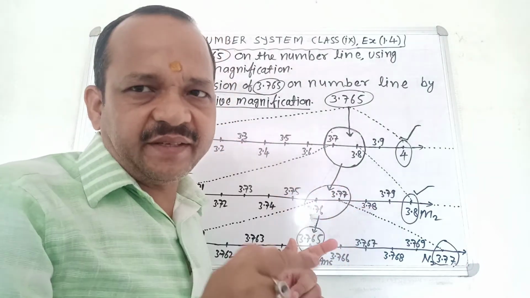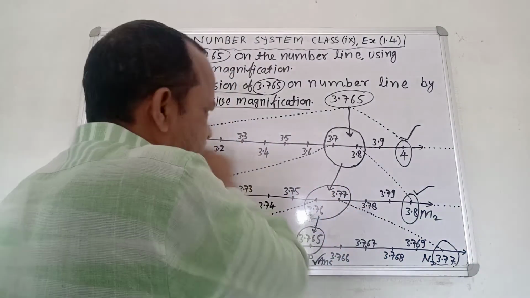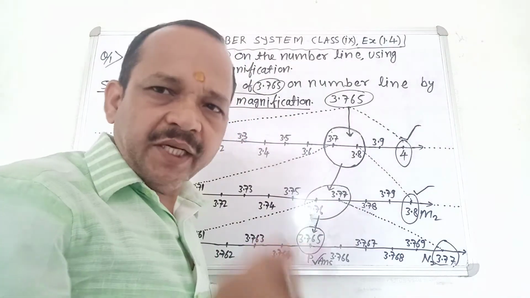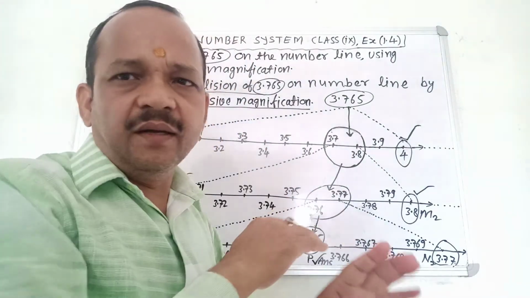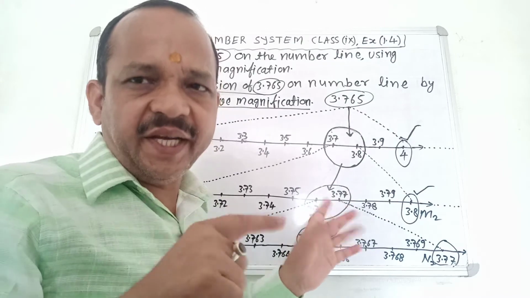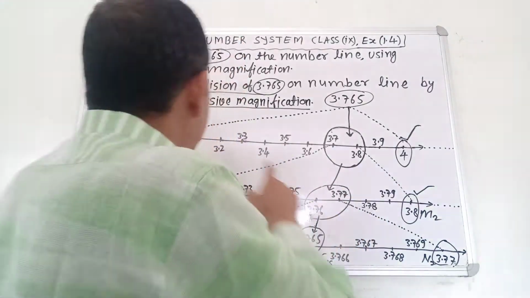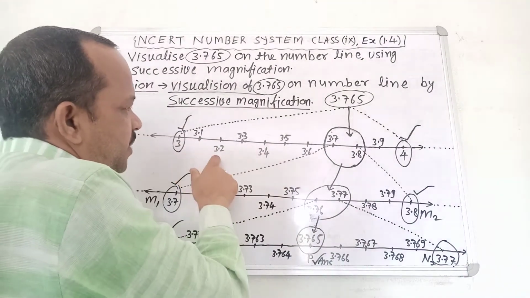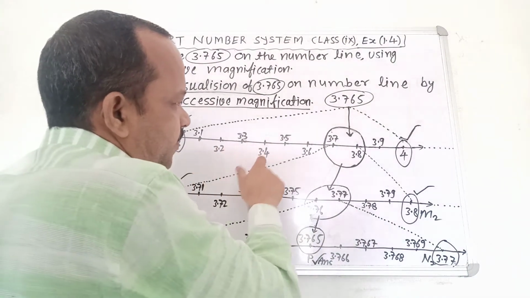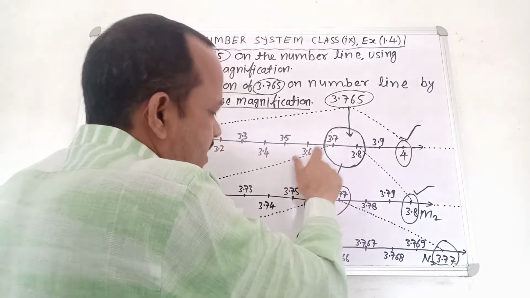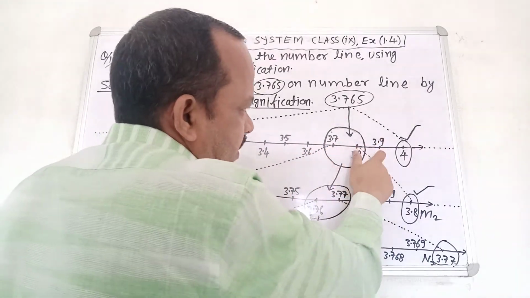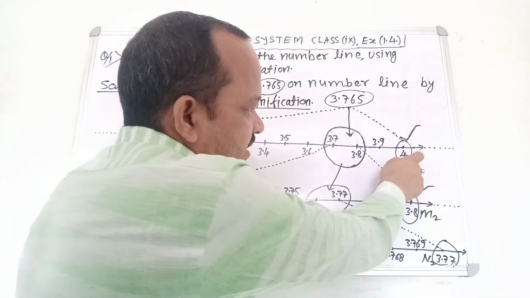Now divide the distance between 3 and 4 into 10 equal parts. Here 3.1, 3.2, 3.3, 3.4, 3.5, 3.6, 3.7, 3.8, 3.9, and here 4.